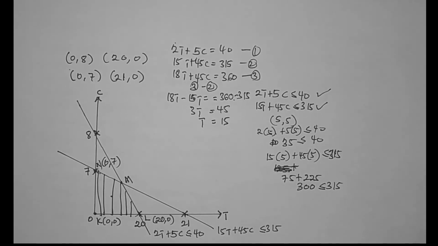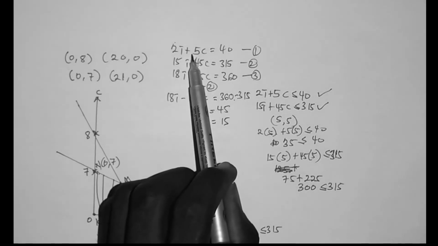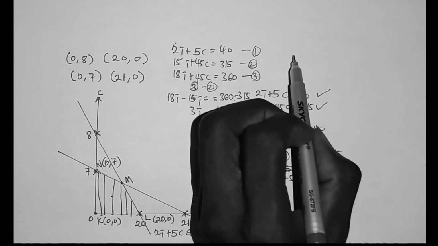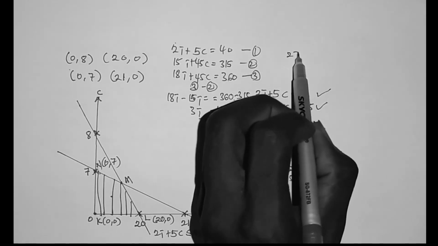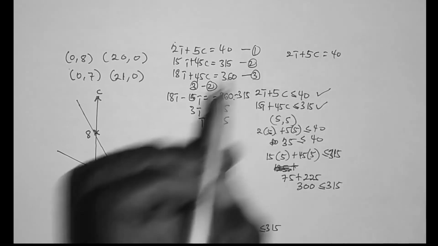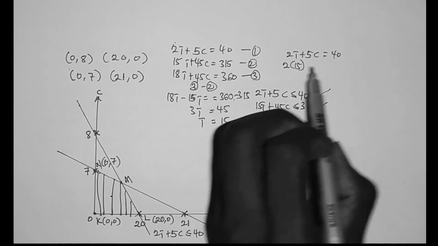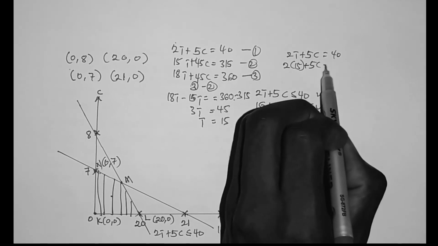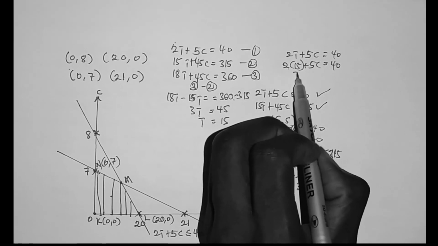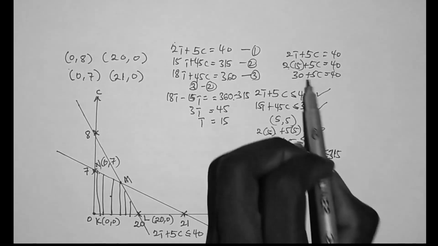So we'll take that value of T equals 15 and put it in, let's say, equation 1, and find the value of C. From equation 1, 2T plus 5C is equal to 40. The value of T is 15, so 2 times 15 plus 5C equals 40. 2 times 15 is 30, plus 5C is equal to 40.